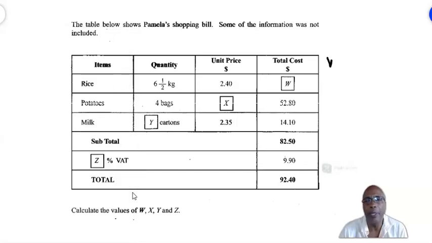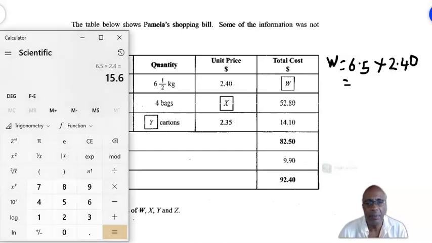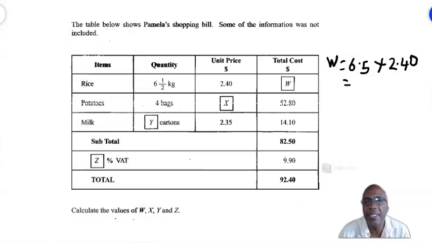So we have found W. W equals, well, let me put the whole work in, 6.5 times 2.40, which is $15.60.